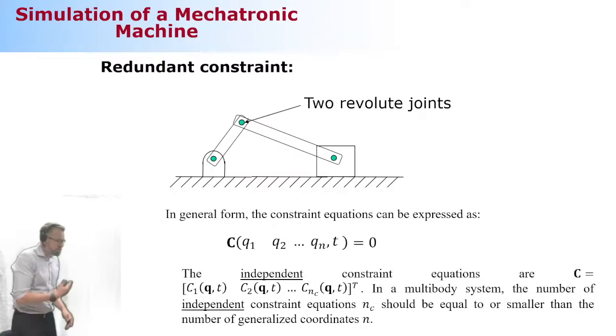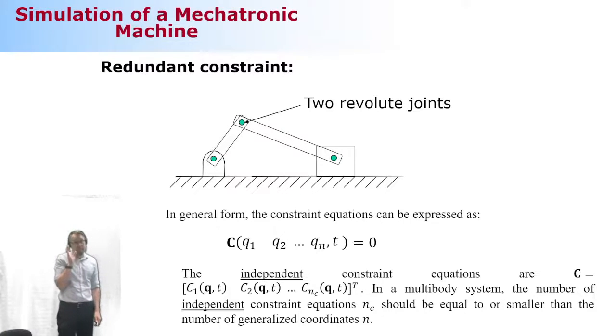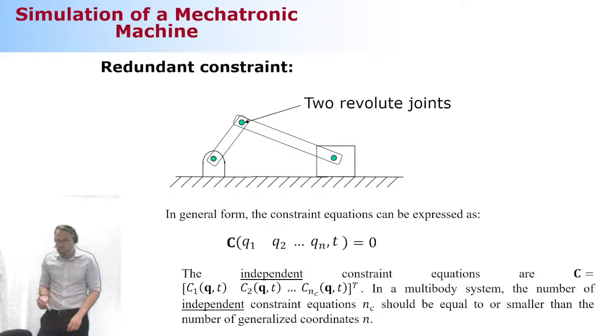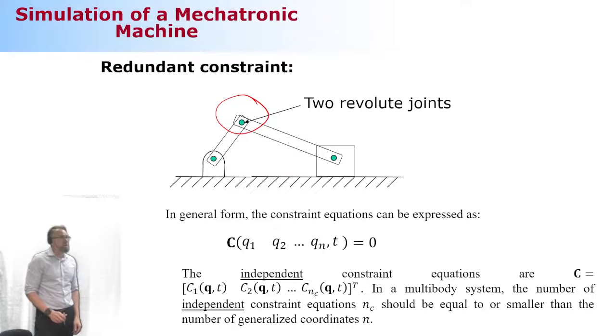And that's why commercial software, when they see this, can consider it a modeling mistake. It's not good modeling practice to use a redundant constraint because reaction forces become a mess. You are no longer clear what the real reaction forces coming out of your model are. But if you have 2 revolute joints at this point, they don't actually limit the motion possibilities.